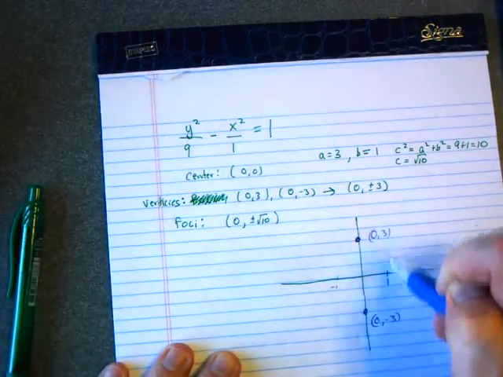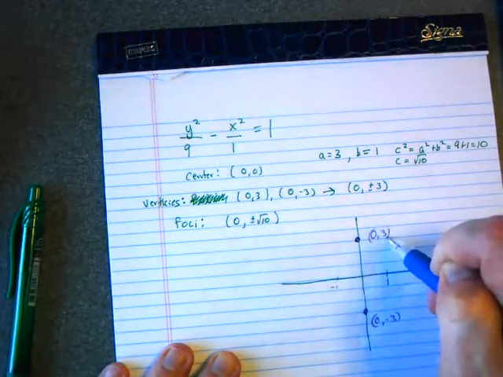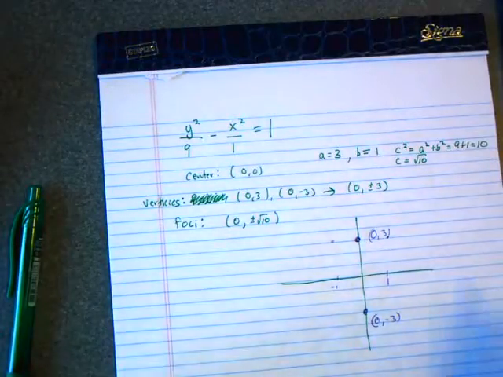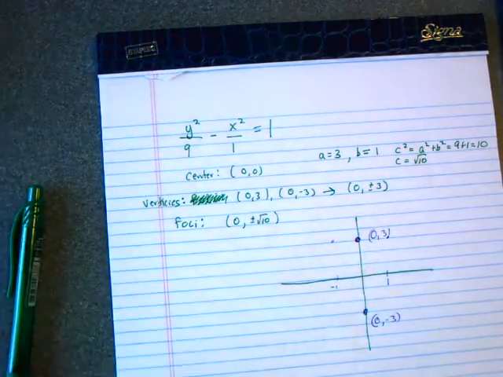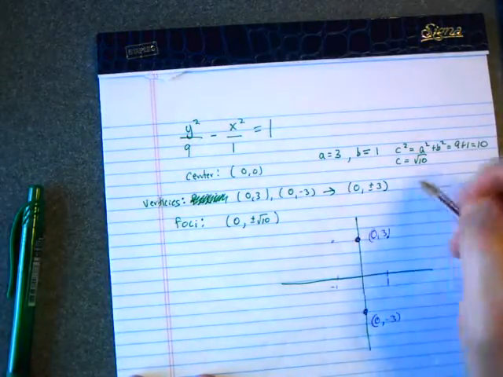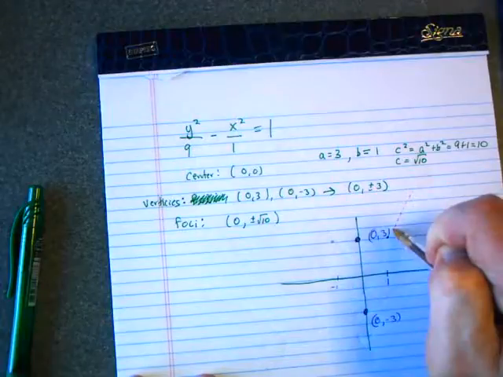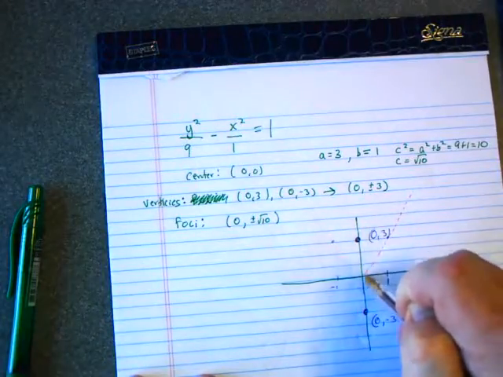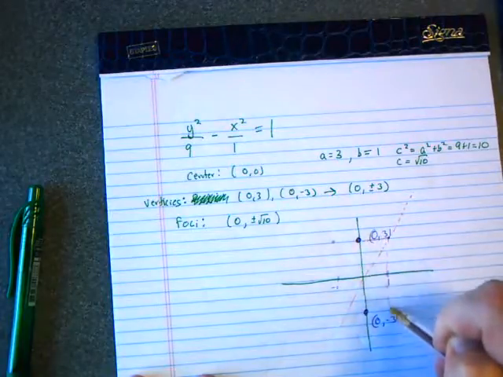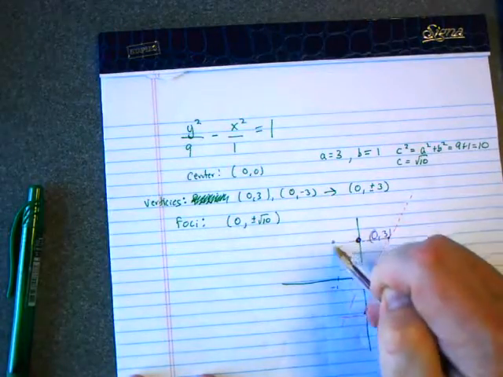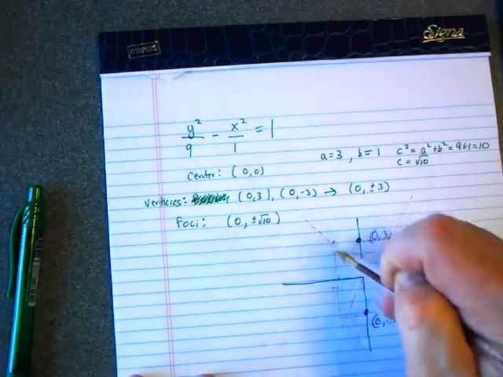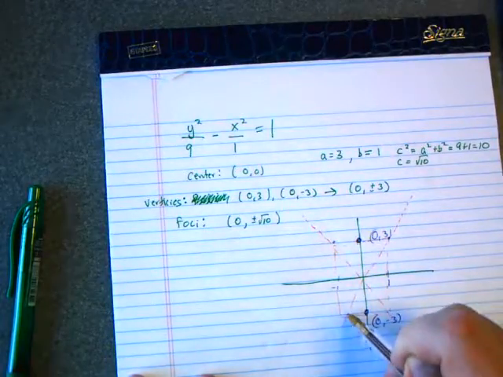So our lines are going to go through those points right there. Go this way. So this is our A number, this is our B number. So our lines go through that. What you see in the book is they draw a box like this. And your asymptotes go through the corners of the box.